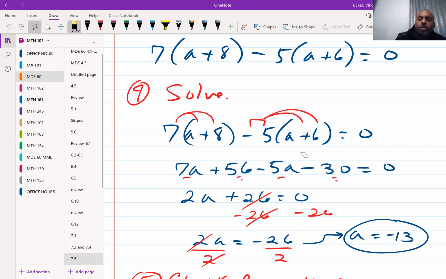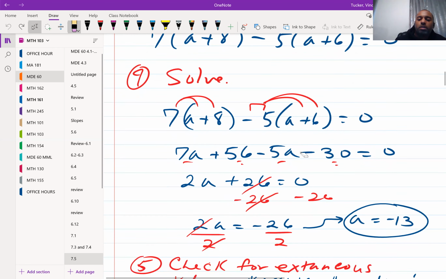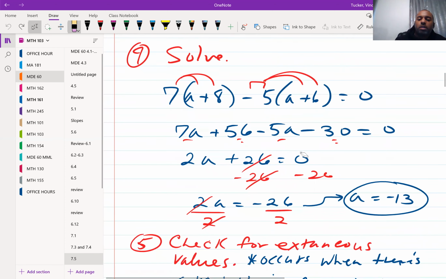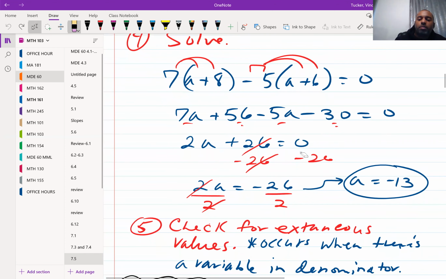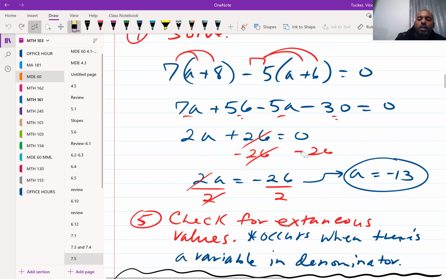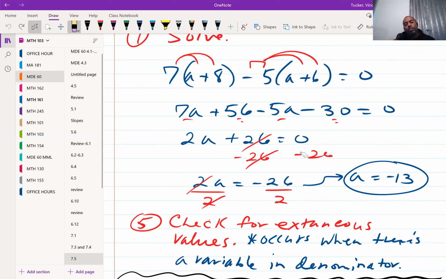All right, any questions before we do another one? So the last step doesn't affect us in this case, but we will use it in examples to come. You know, it says check for extraneous value. That only occurs when there's a variable in the denominator. So if you go back and look at this problem, we only had 5 and then we had 7 in our denominators.